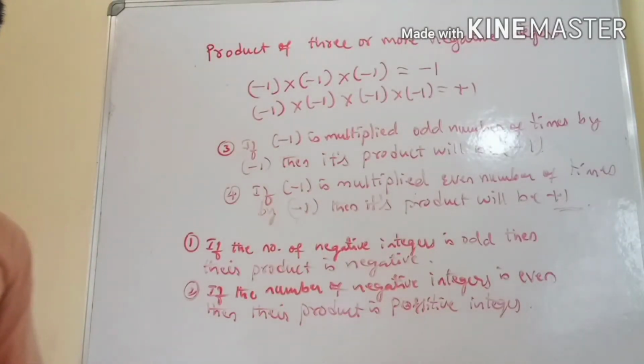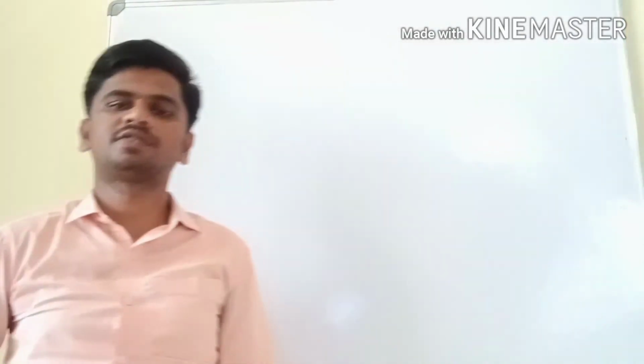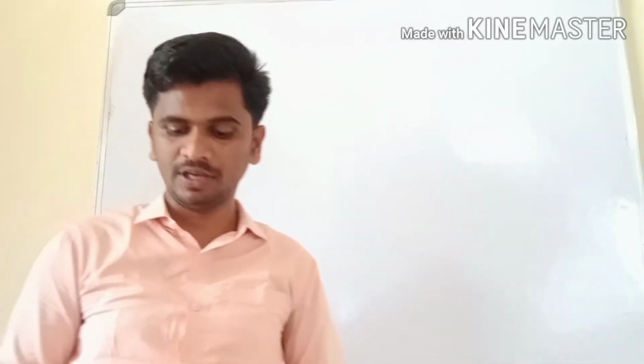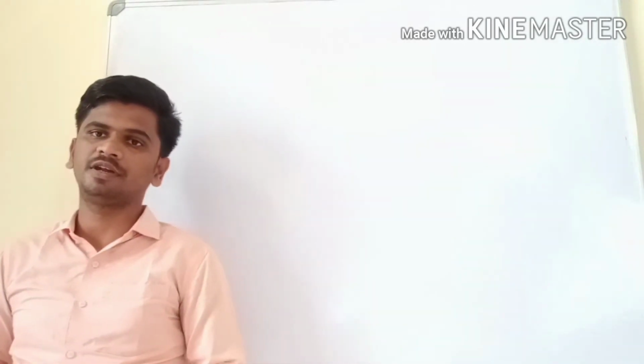Next, in the previous videos we discussed some properties regarding addition and subtraction, which are closure property, associative property, commutative property, and additive identity. These properties we already discussed with respect to addition and subtraction.